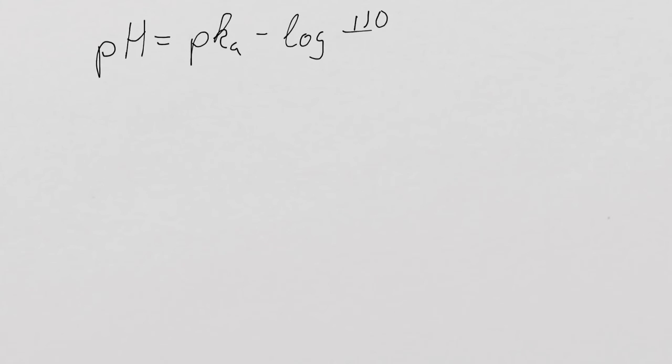So we have a new pH. pH equals pKa minus log 110 over 90. pKa was 7. Minus log 110 over 90, what is that?